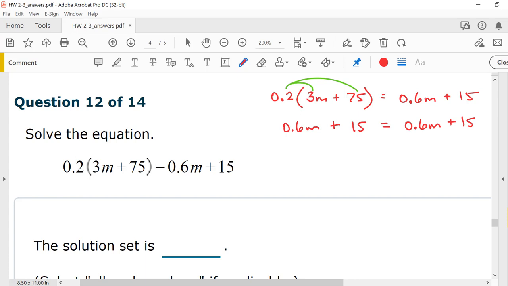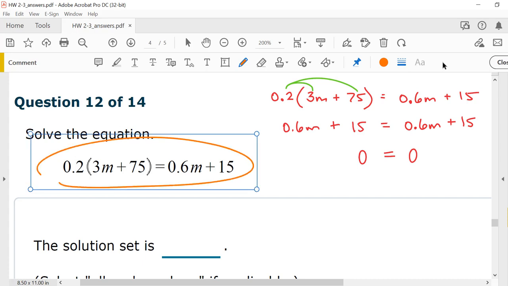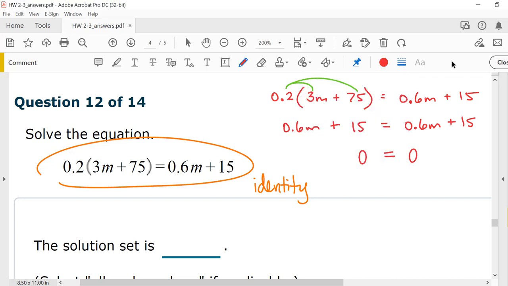What happens? 0.6m plus 15 equals 0.6m plus 15. We have the same thing on both sides. Everything's going to cancel, and we're going to be left with 0 equals 0. You should be able to recognize an identity when you see it now. The answer to this problem is all real numbers.